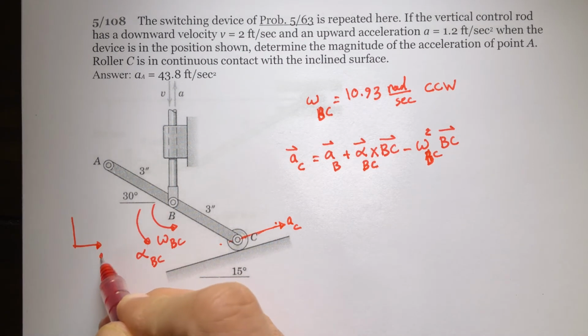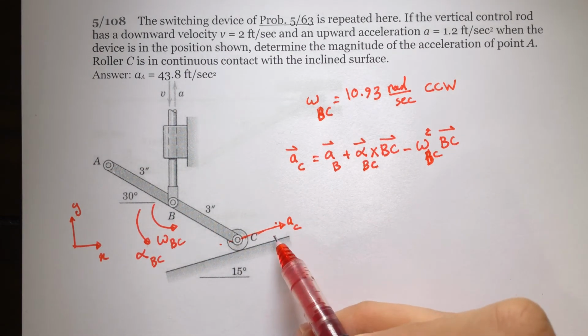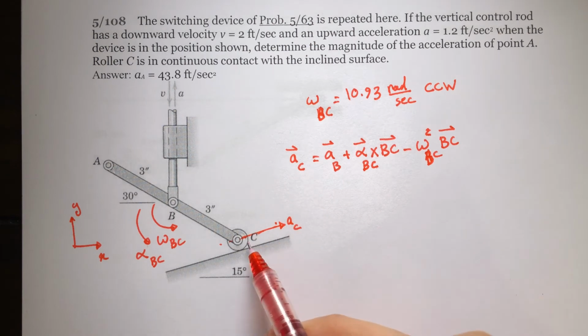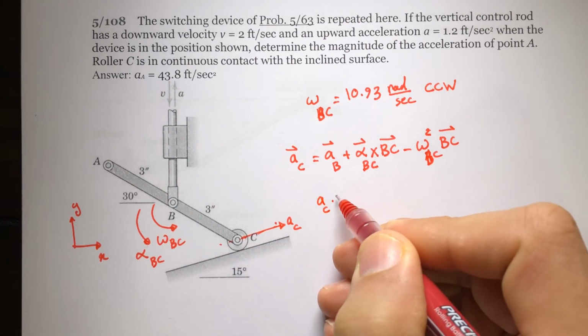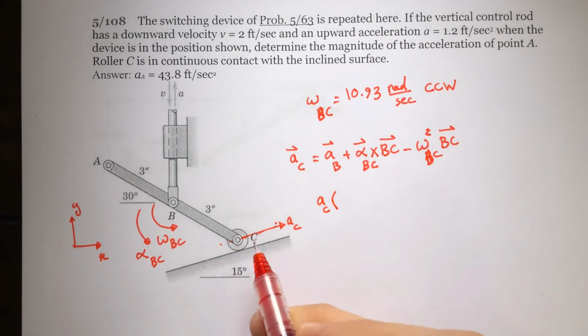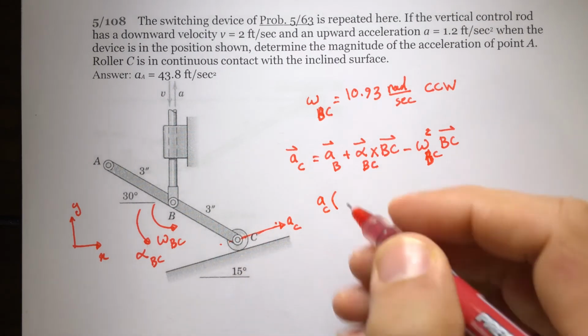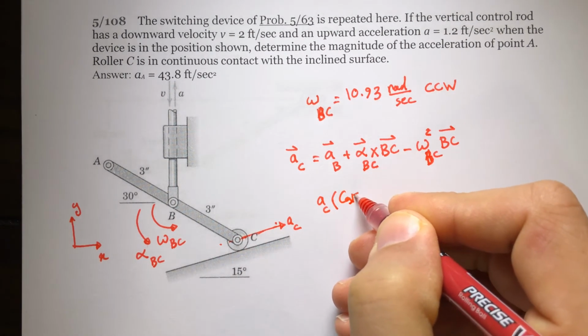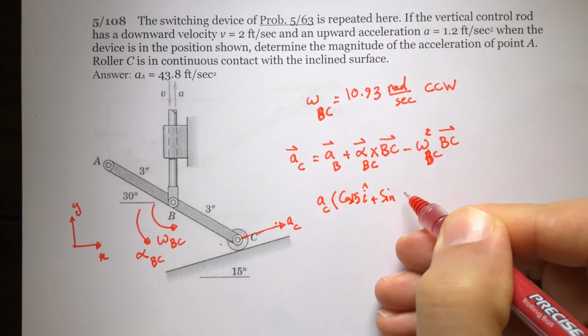And I'm going to use this system of coordinates, x and y, and write all the vectors in this system of coordinates. Acceleration of C as a vector is AC times this direction, right? So AC times the unit vector in this direction, which is going to be cosine of 50 i and sine of 50 j, plus sine of 15.